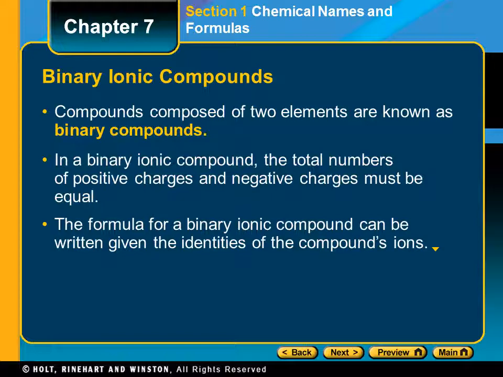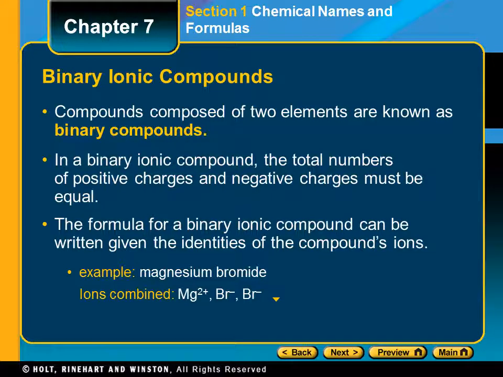The formula for a binary ionic compound can actually be written given the identities of the compound's ions. It can be written because you have to know that the positive and negative charges have to be able to cancel each other out. So an example would be magnesium bromide. From that name, based on what we've already learned, you know what your ions are going to be.